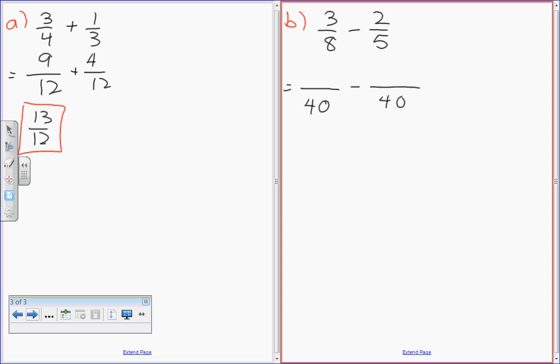You can tell the class, please, 3/8 is going to be the same as what over 40? 15, how'd you get that? Yeah, so what she did was, ready, guys? What she did was 8 times 5 is 40, 3 times 5 gives you 15. Good. Colton, 2 over 5 is the same as what over 40?